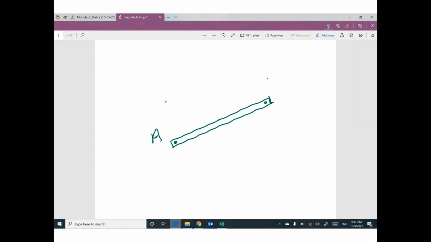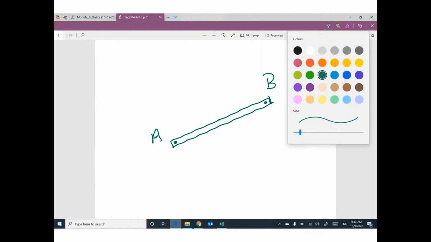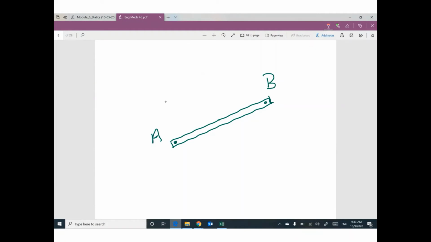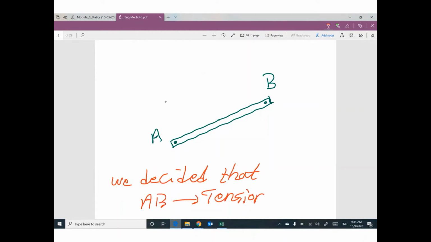For example, based on your calculations, we decided that AB is tension. You are talking about AB.